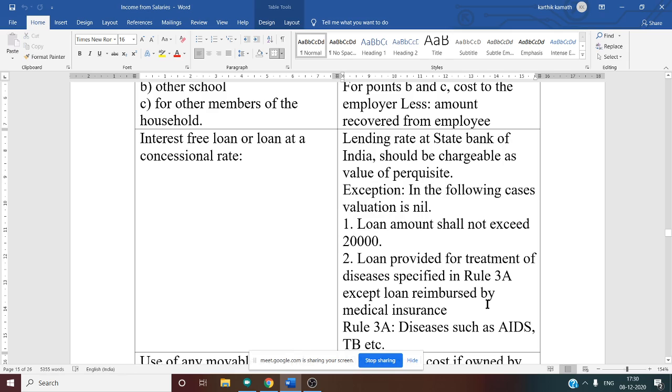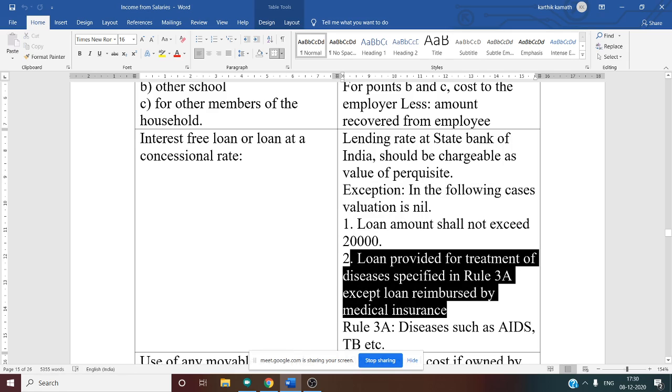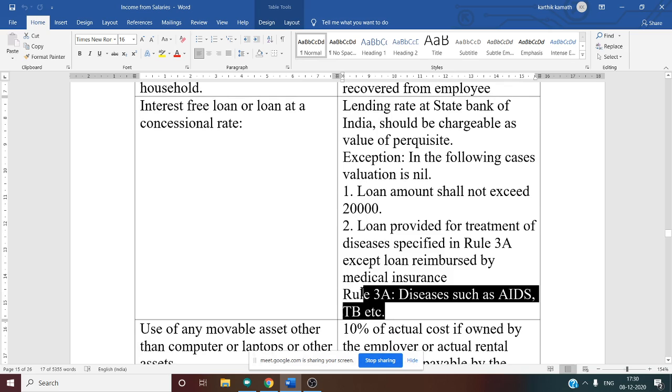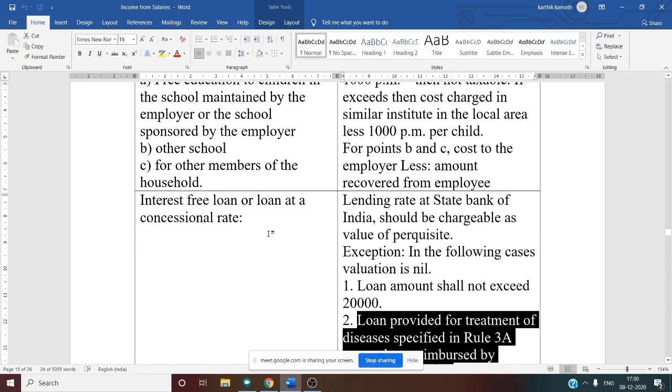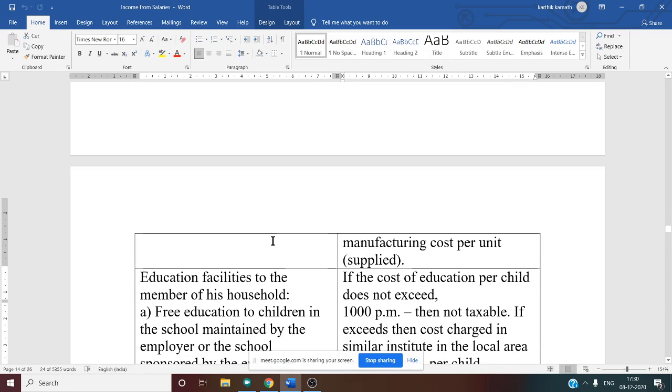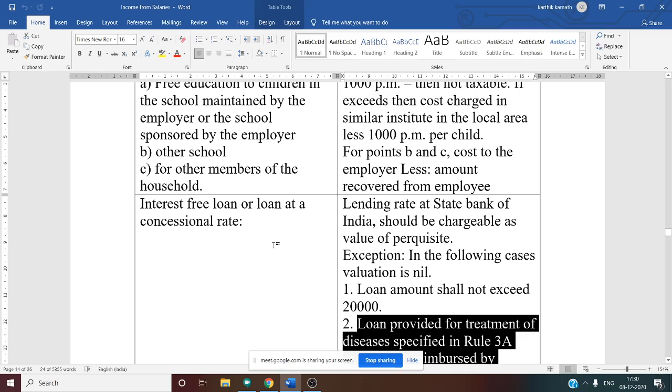If loan is taken for the treatment of specified disease, specified disease means under rule 3A there are certain diseases mentioned like AIDS, TB, etc. Those are specified in nature. So for such disease, if loan is taken, then perquisite value or taxable value is nil. Yes.